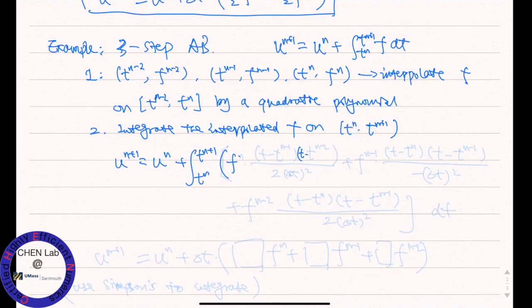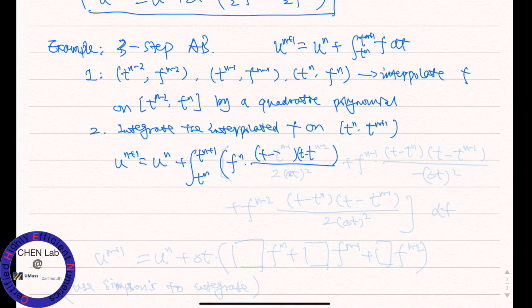So we have Fn times (t minus tn minus 1) times (t minus tn minus 2), divided by what? We're doing the interpolation on these 3 points.